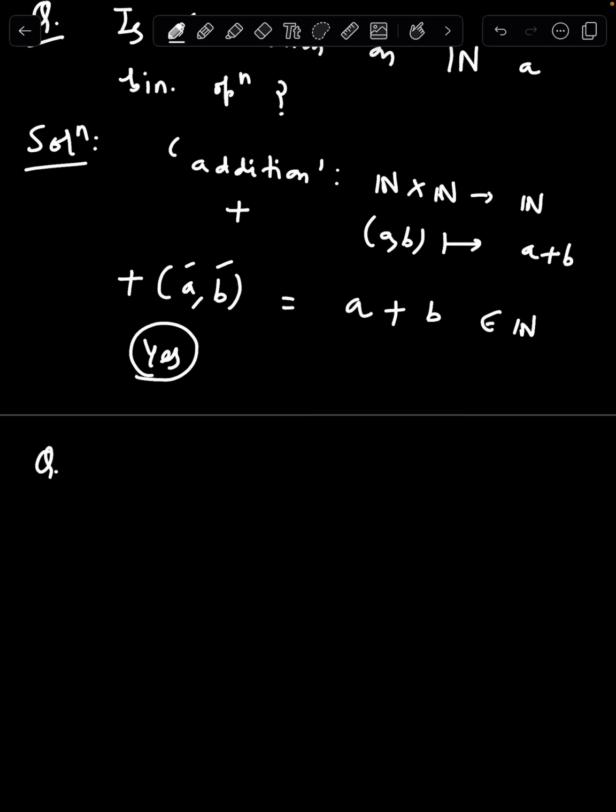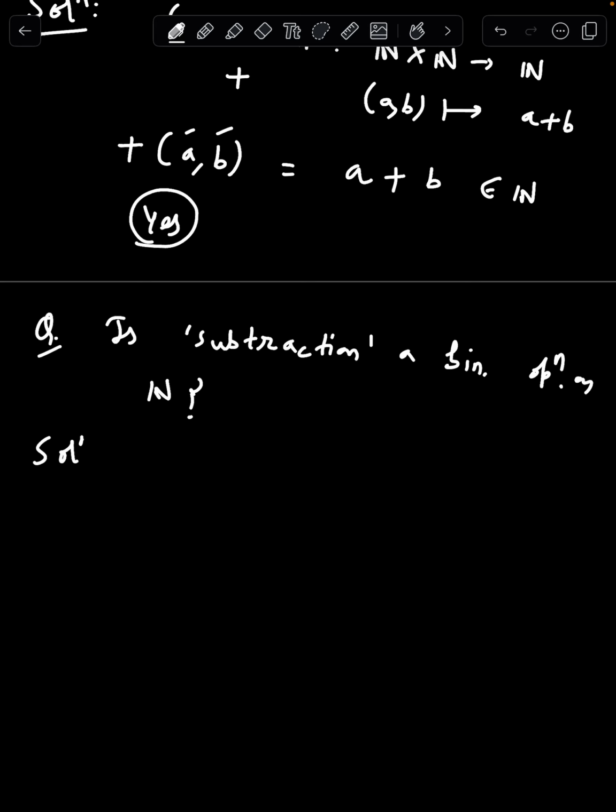But what about the subtraction? Is subtraction a binary operation on script n? Well, the answer to this is no, because if you look at subtraction, then this is not even a function, because look at 2 comma 4.